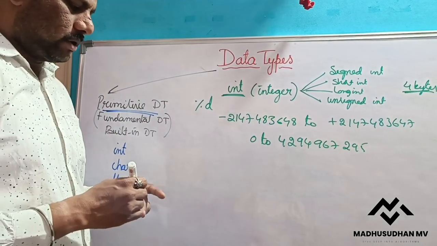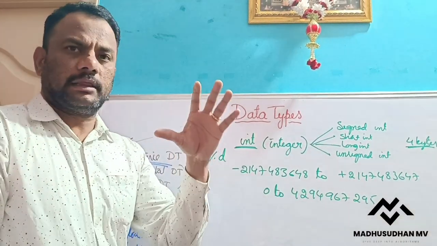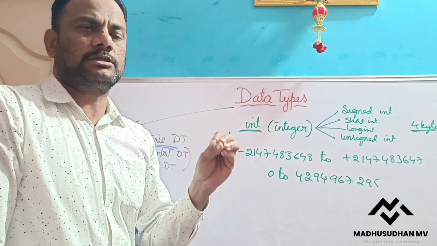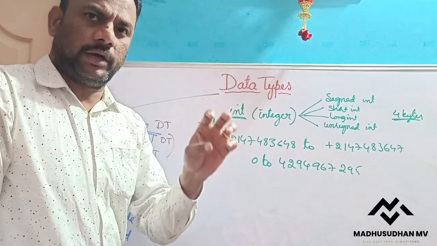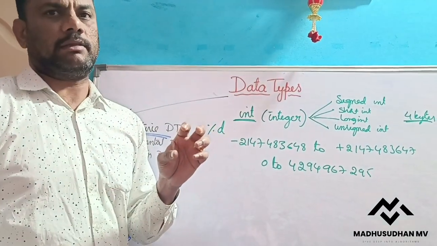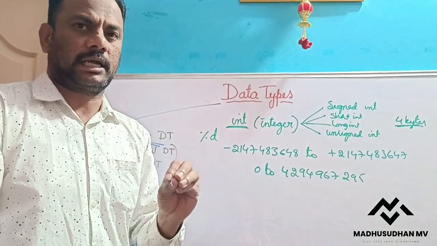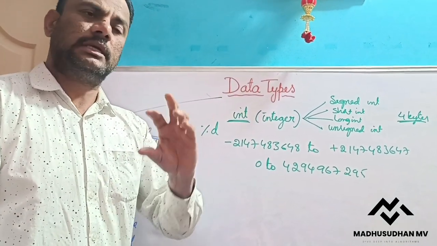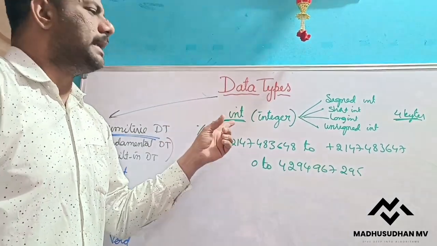%d. Whenever we write a program, in most programs we are using variables. Whenever we use variables, we need to specify what type of data we are storing in that variable. Suppose I am storing integer values in the variable, we need to declare such a variable as int.